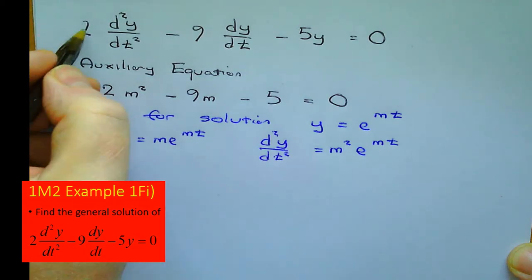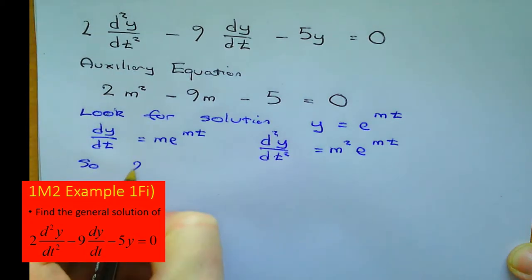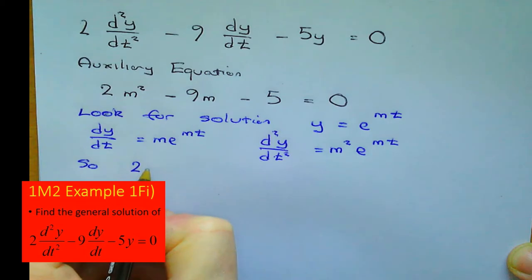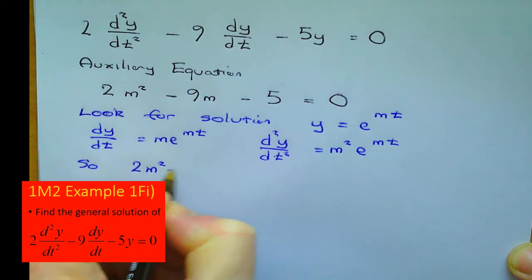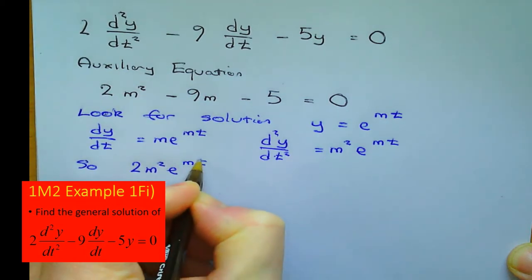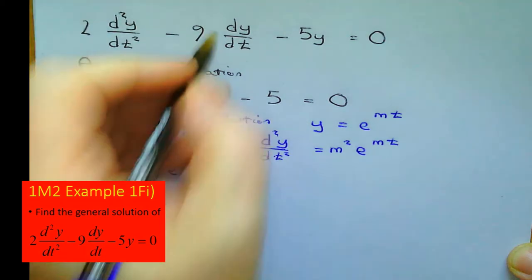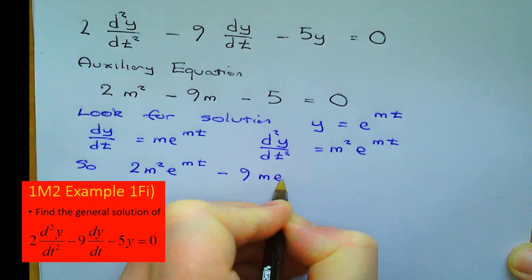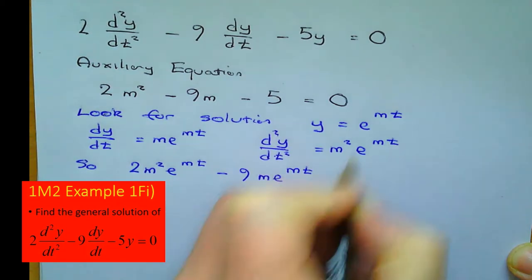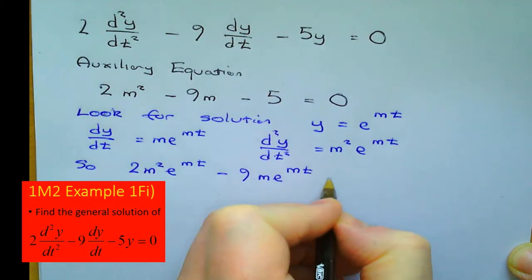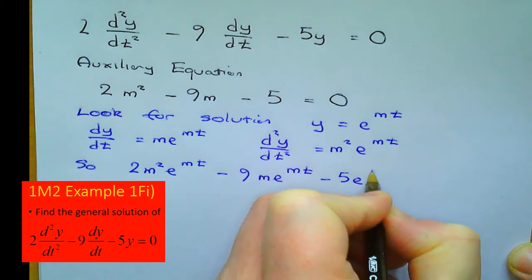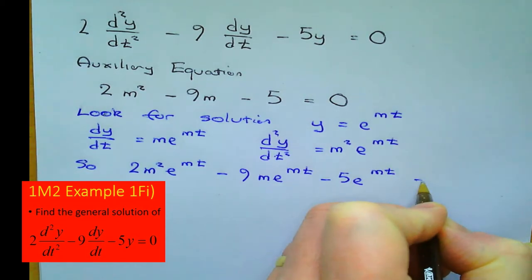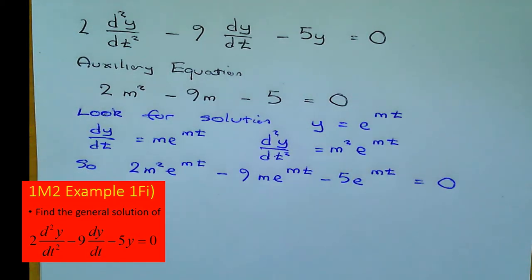we'll get 2 times m squared e to the m times t minus 9 times m e to the mt minus 5 times e to the mt, if we want that to equal 0.